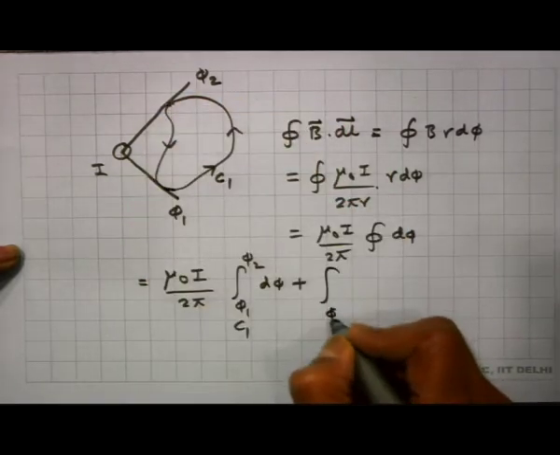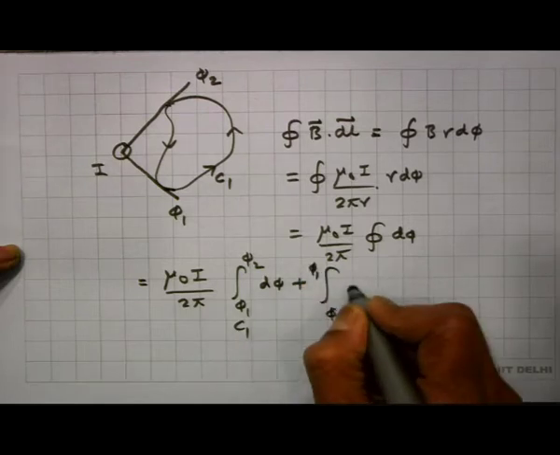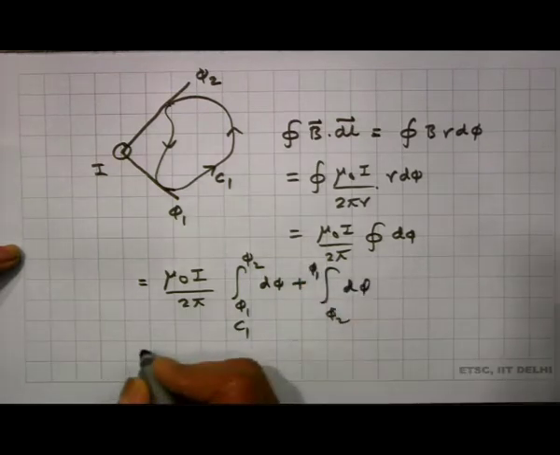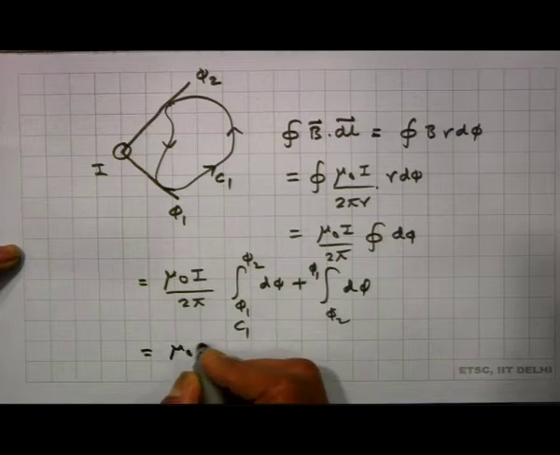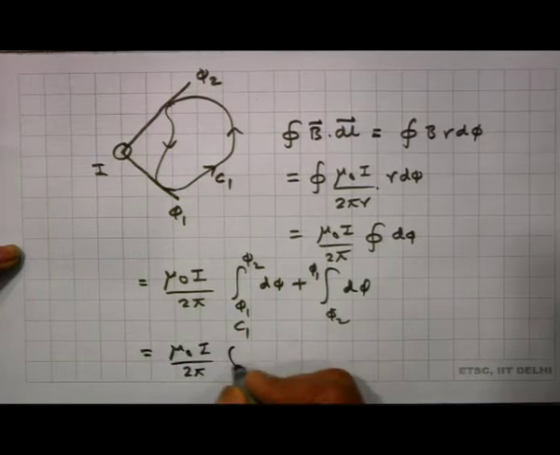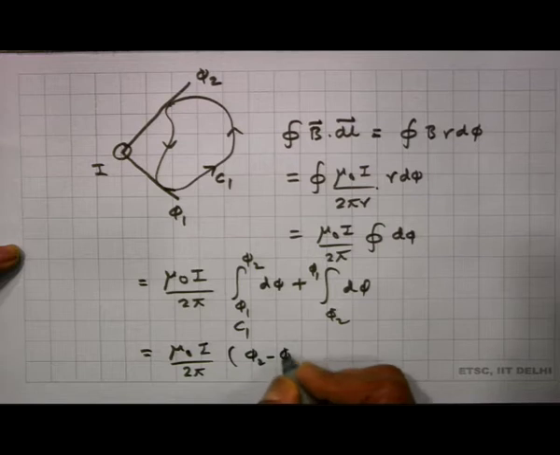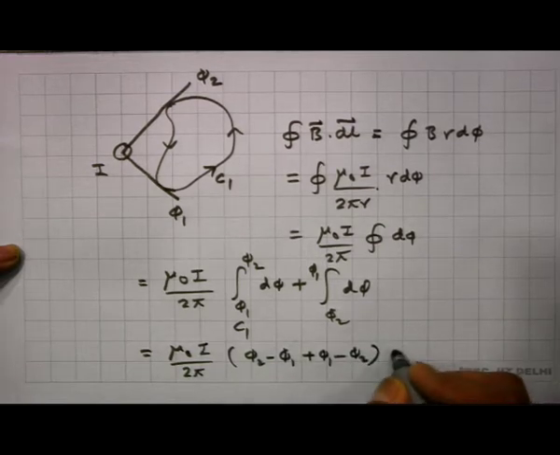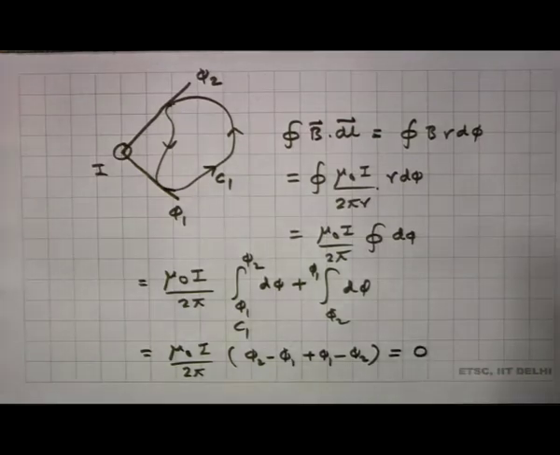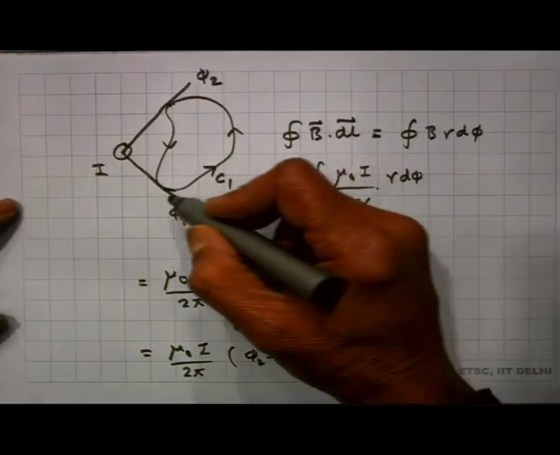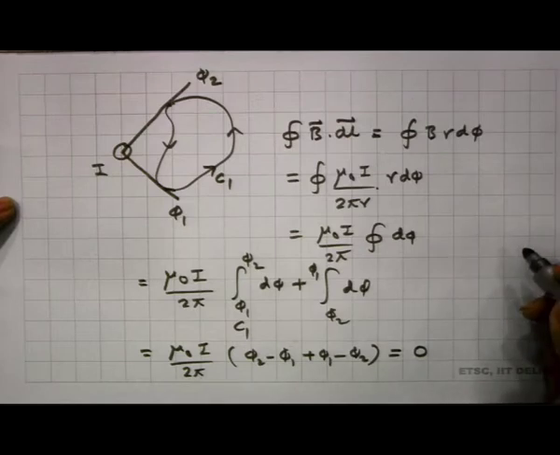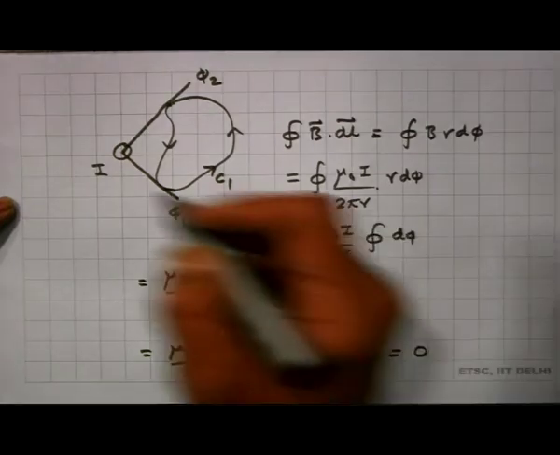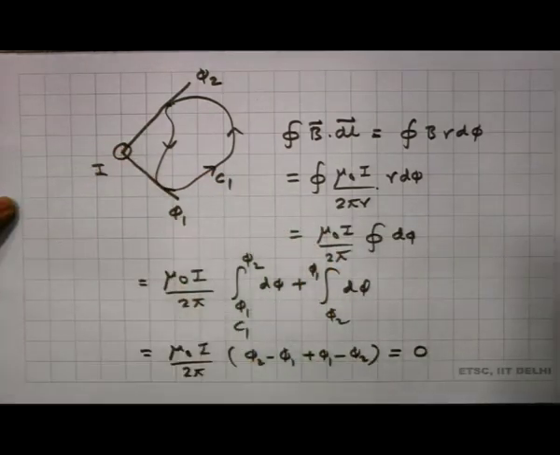So, phi 2 to phi 1 d phi, which is nothing but mu naught I by 2 pi phi 2 minus phi 1 plus phi 1 minus phi 2, which is equal to 0. So, integral B dot dl along this closed path, which does not enclose the current carrying conductor, happens to be 0.